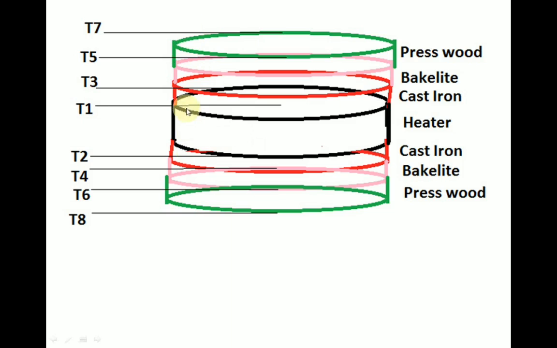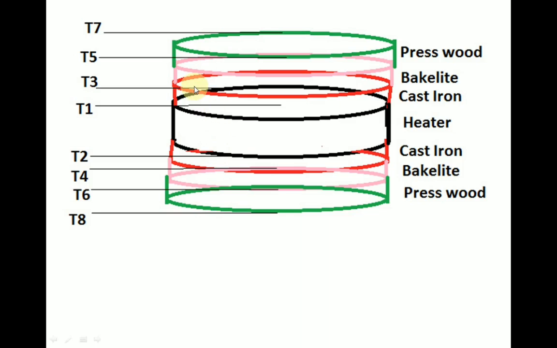In the same pattern there are plates in the same sequence at the bottom of this heater. Below the heater there is a plate of cast iron, followed by the bakelite plate, and at the bottom there is a plate of press wood. In this way, three plates are arranged above the heater and three plates are arranged below the heater.